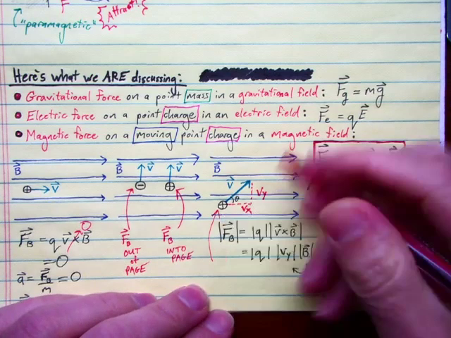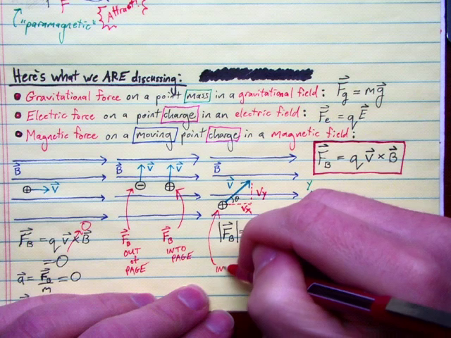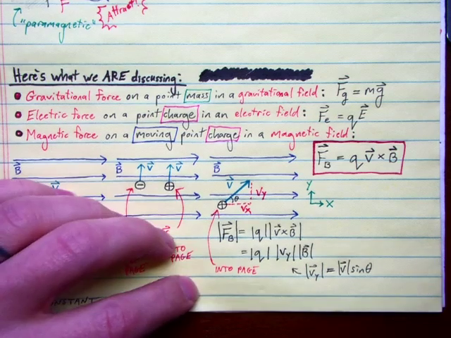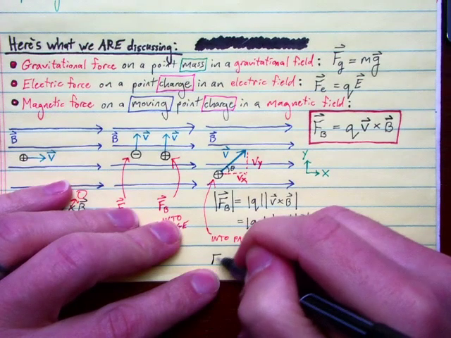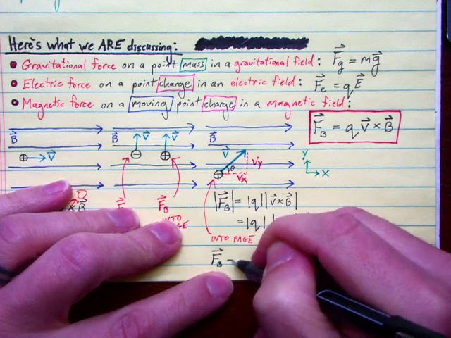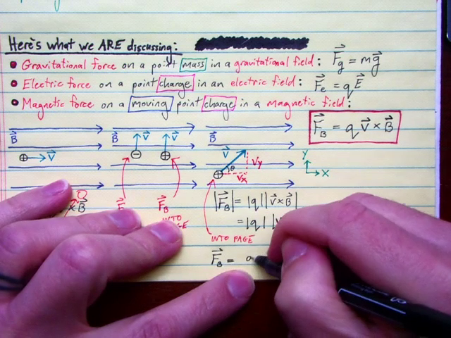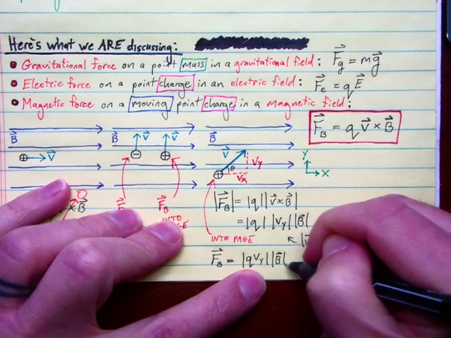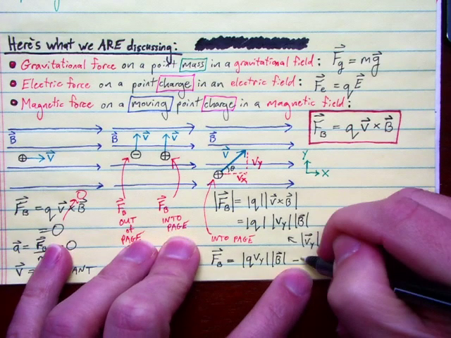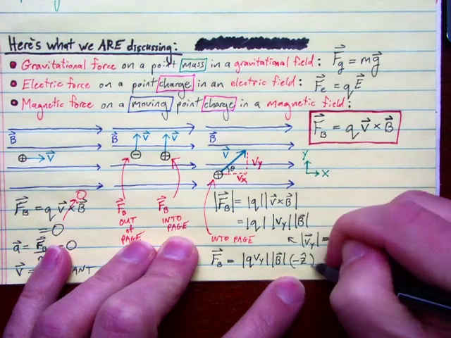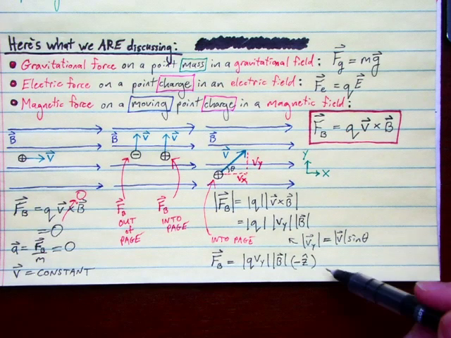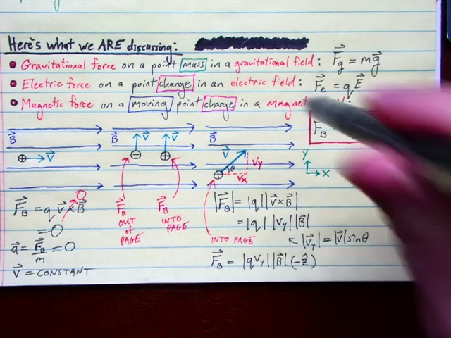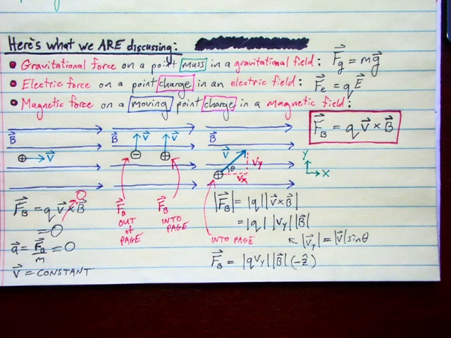And we have a magnetic force into the page. So I guess we could write in summary here that the magnetic force at this moment would be the magnitude of Q times Vy times the magnitude of B, and it would be in our negative Z hat direction, pointing into the page. X, Y, Z is out of the board, so negative Z into the board.